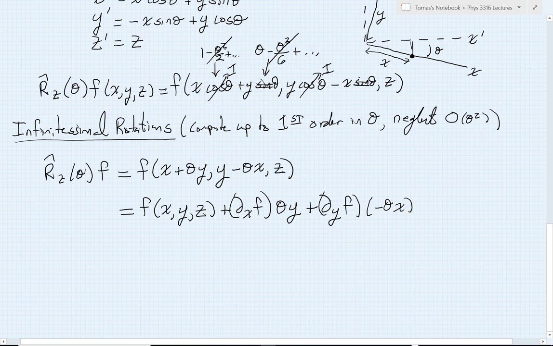And of course, there's no contribution from the z-coordinate. Notice I've stopped my Taylor series of f at the first order, so there will be additional errors, but those errors, just like the errors in these coordinates, are all going to be order of theta squared or higher. So I'm just considering what happens for small angles theta to lowest order.